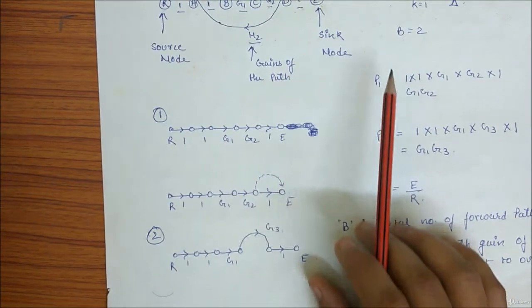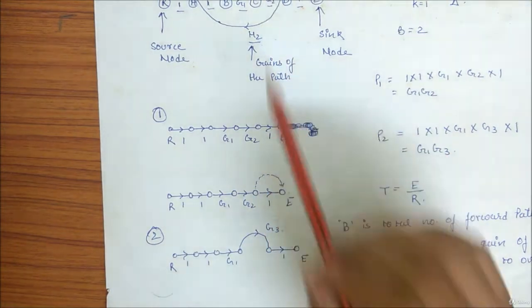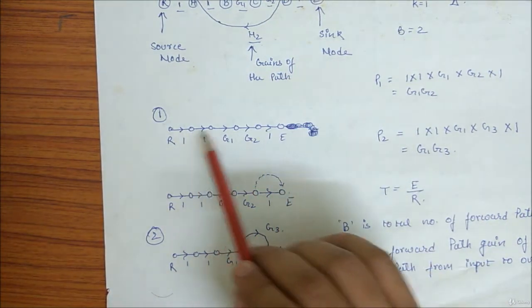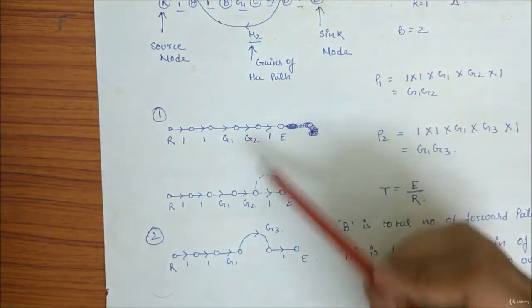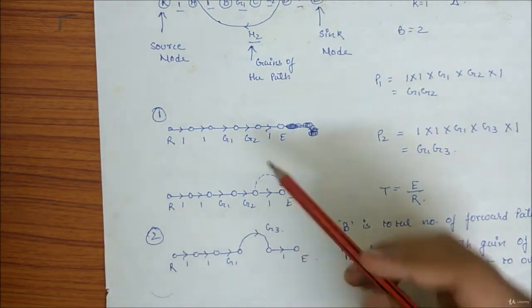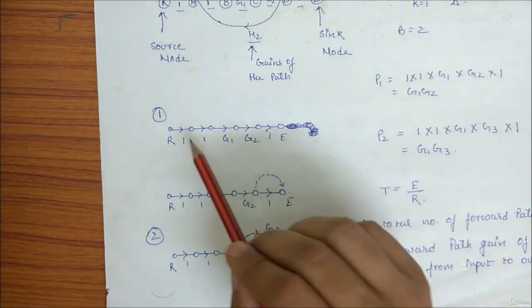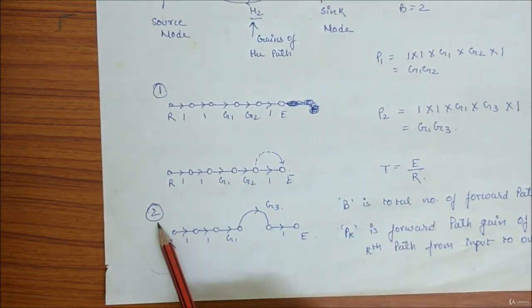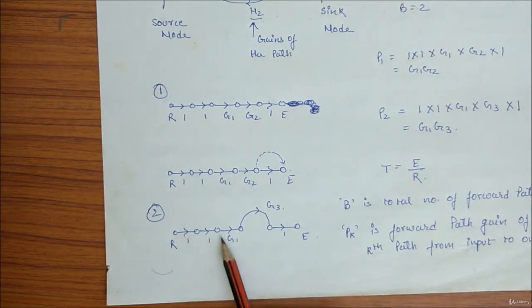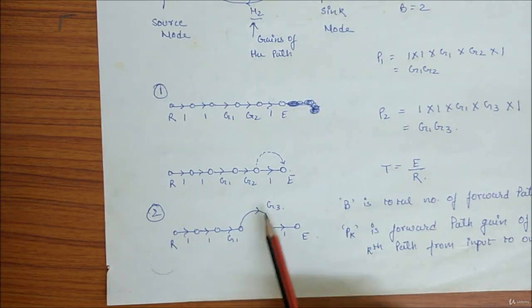Now this other path is there too, but we will consider only one path at a time. So this is my first path, and this is my second path: R, 1, 1, G1, G3, 1.